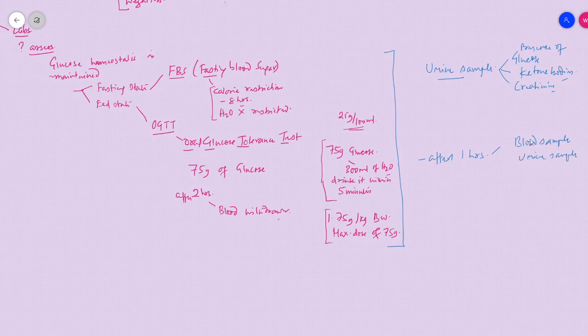It's inconvenient to the patient because we are withdrawing another blood sample, but we'll discuss why that might be helpful. And after 2 hours, we do the same thing. Blood is withdrawn, and a urine sample is taken as well. So again, all these determinations are done.